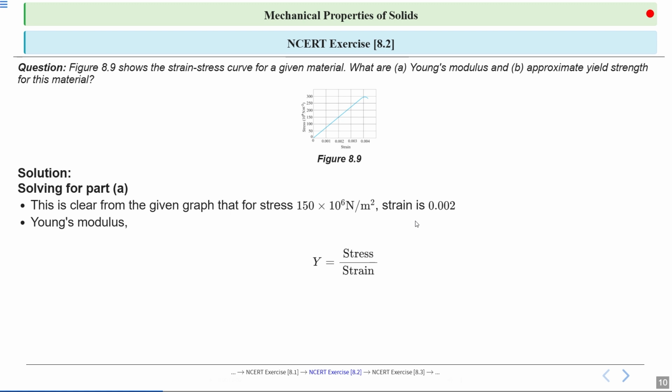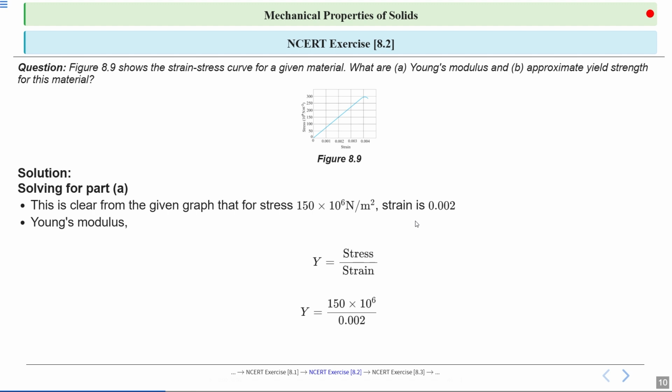The formula for Young's modulus is Y equal to stress divided by strain. Here Y stands for Young's modulus. Stress is the force per unit area in newtons per square meter, and strain is the change in length divided by original length.